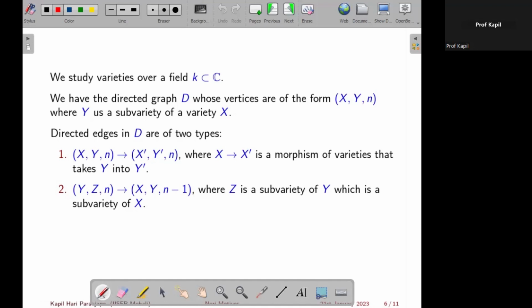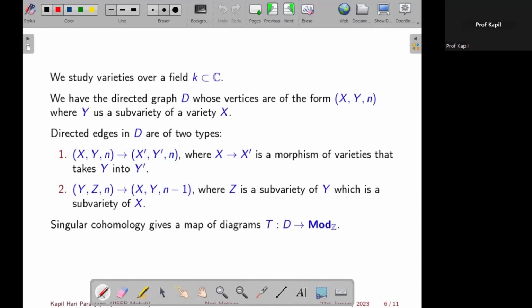Because, for example, you could take a line inside P2, and there are many ways in which a P1 can be embedded in P2, but the embedding is fixed. So y is a subvariety of x, which means that the embedding is fixed. And given that fixed embedding, you have another arrow in your diagram, which is of this type. n can vary for various n.